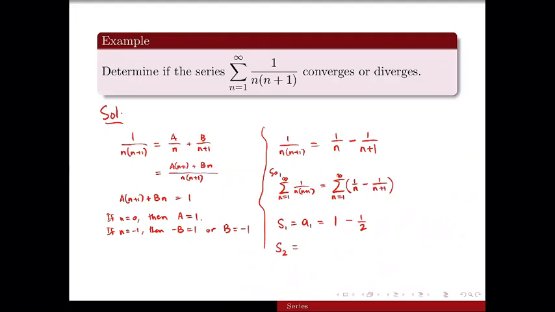Let's consider S sub 2. S sub 2 is a sub 1 plus a sub 2. And this is equal to your a sub 1, which is 1 minus 1 half, plus your a sub 2. So when n equals 2, you will have 1 half minus 1 over 2 plus 1, so this is 1/3.